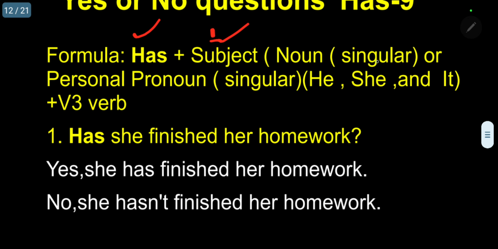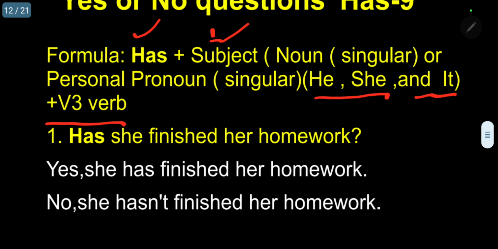Then plus the corresponding V3 verb you have to use. Kindly follow. This is a very, very important point. So let me start now.